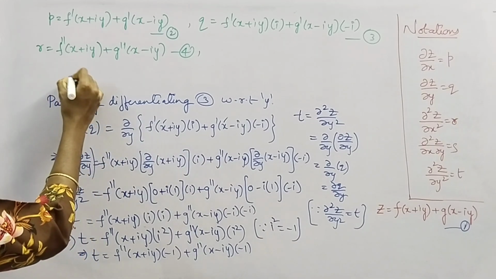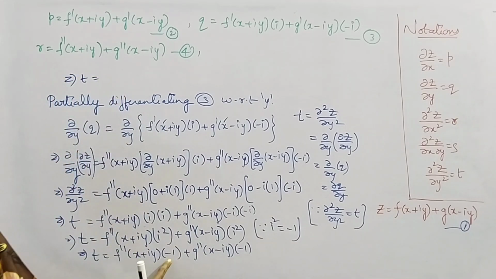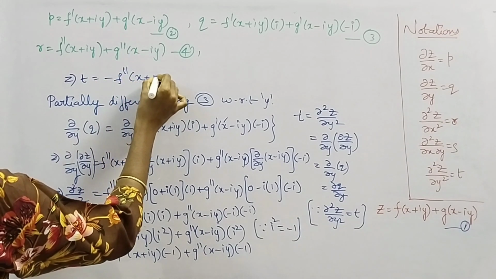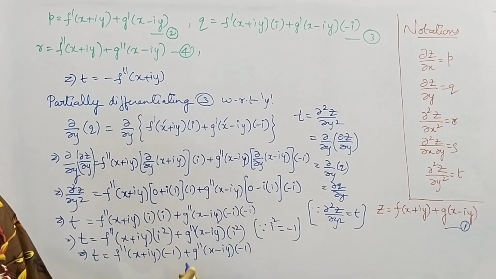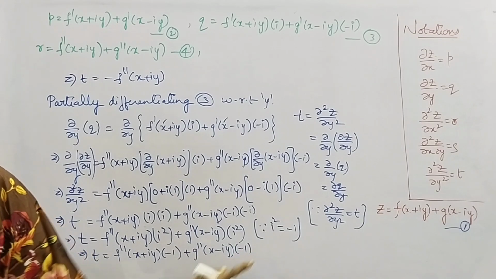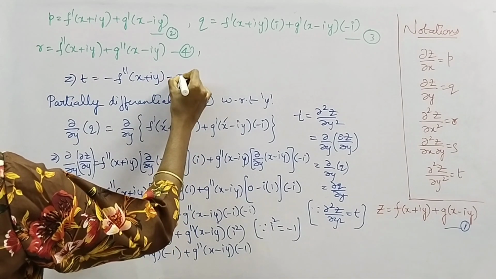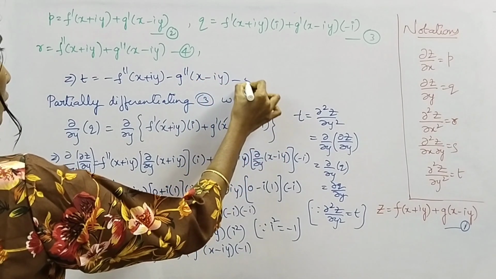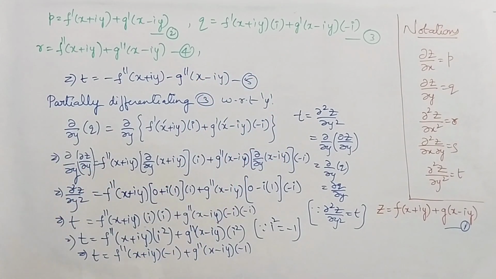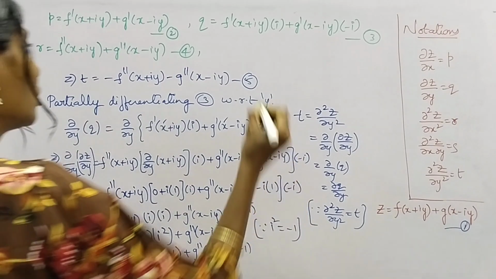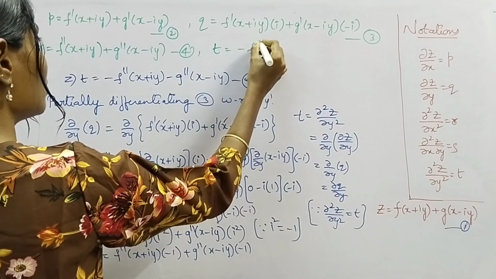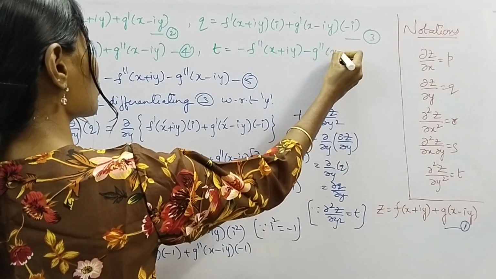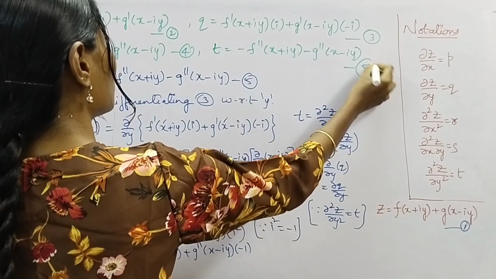Simply you'll get t equal to minus 1 into f double dash, that is minus f double dash, and g double dash into minus 1 is minus g double dash. Consider this as equation number 5. So we got equation number 5, that is t equal to minus f double dash of (x plus iy) minus g double dash of (x minus iy).